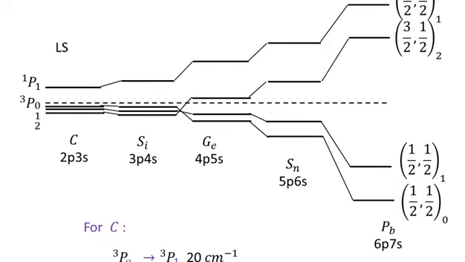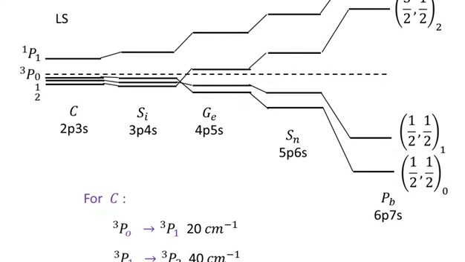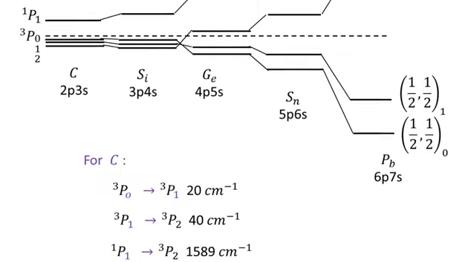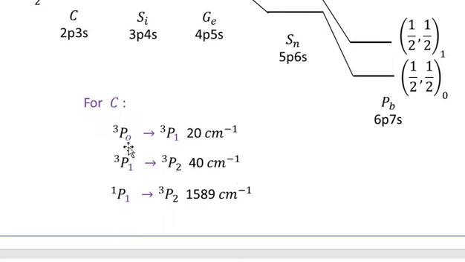Now you see that for the carbon atom, I have shown some wavelengths. And you know that the levels for the carbon atom in the LS coupling have been shown as 1P1, 3P0, 3P1, and 3P2. These are the four levels. And I have shown some transitions between them, which are important transitions for the carbon atom using LS coupling: 3P0 to 3P1. This transition will give you a wave number of 20 centimeter inverse. Then from 3P1 to 3P2 will give you a wave number of 40 centimeter inverse.